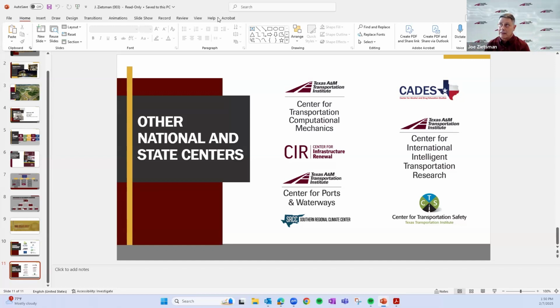And to that end, TTI is pursuing a notion where research RFPs and big opportunities dealing with transportation be coordinated through TTI so that we can eliminate some of that confusion.